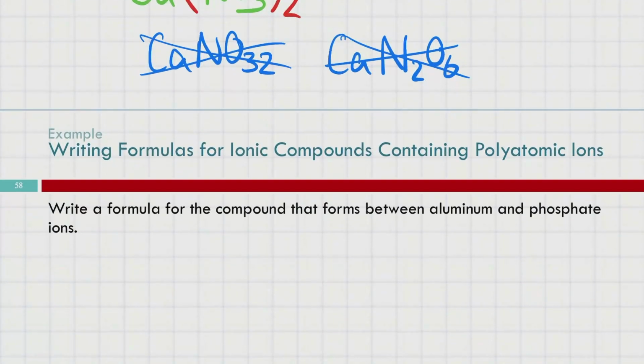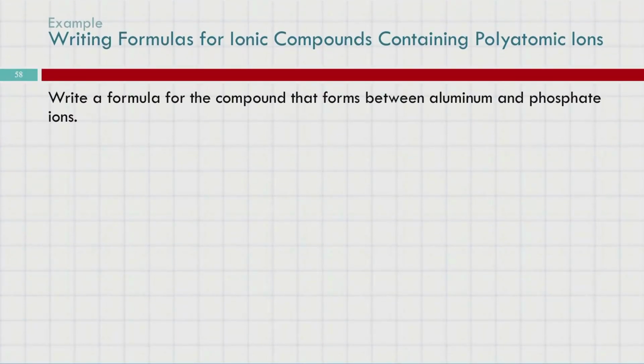Another example, we can write a formula for the compound that forms between aluminum and phosphate. Again, we've got that "ate" ending. "Ate" means polyatomic.